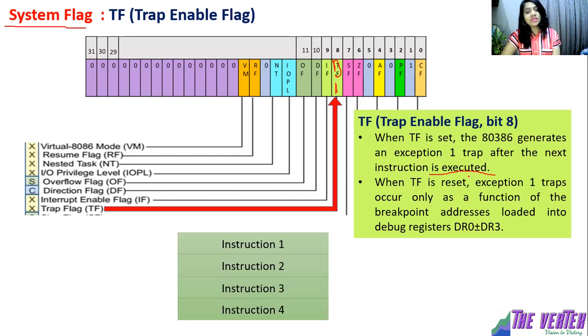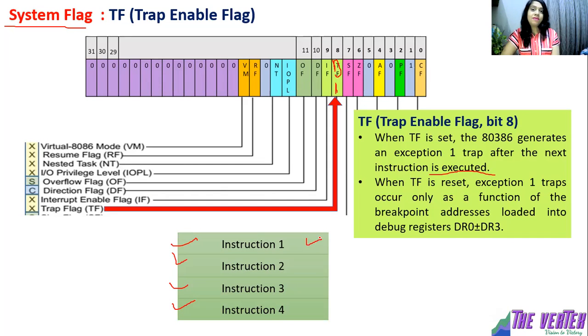What is the meaning of this statement? Suppose there is a program and there is a sequence of instructions that 80386 is executing. In that case, if the trap flag is set to 1, then we can see the status of different registers or result after execution of every instruction.